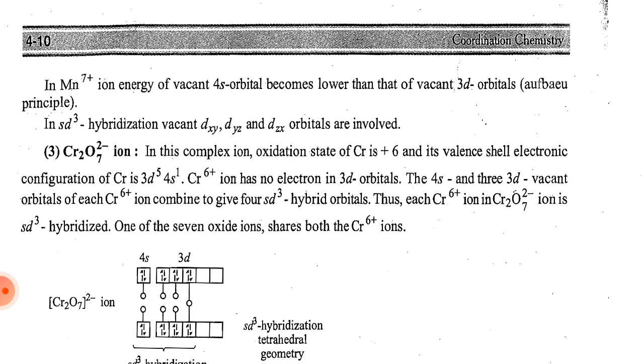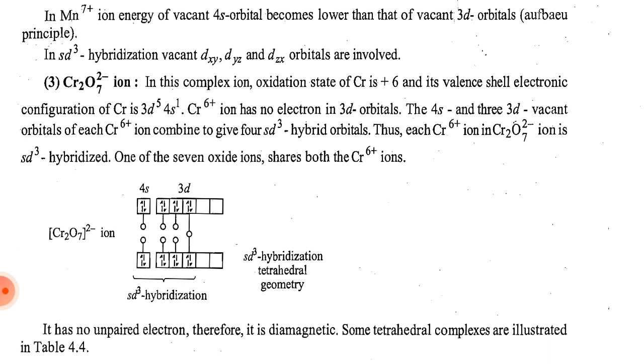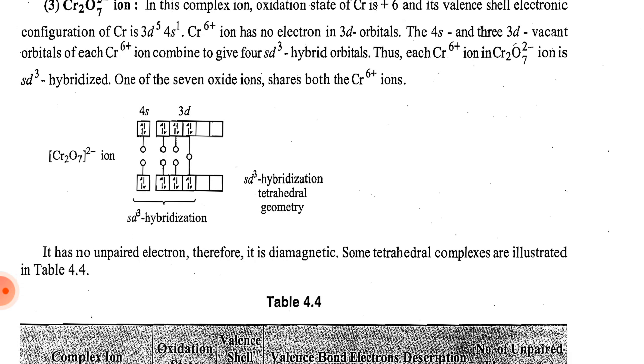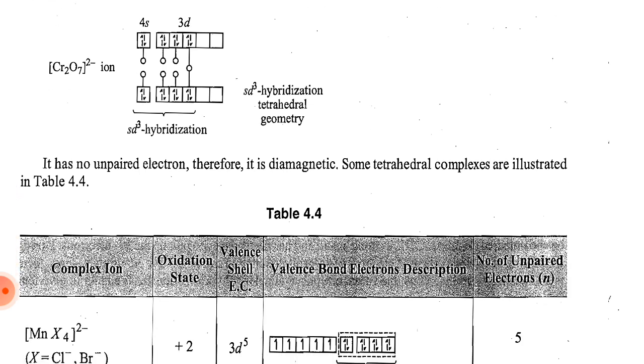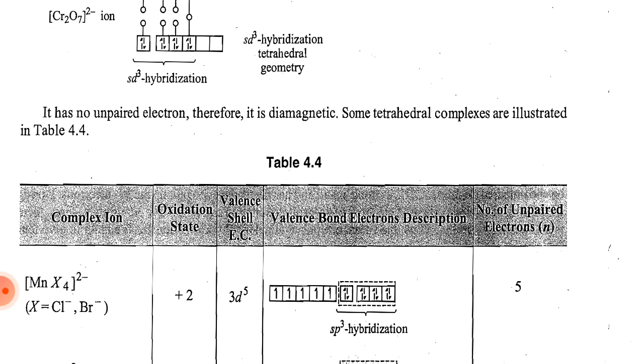Thus each chromium 6+ ion in the Cr2O7 2- ion is sd3 hybridized. One of the 7 oxide ions is shared by both chromium 6+ ions. The Cr2O7 2- ion has sd3 hybridization with tetrahedral geometry. It has no unpaired electron, therefore it is diamagnetic.